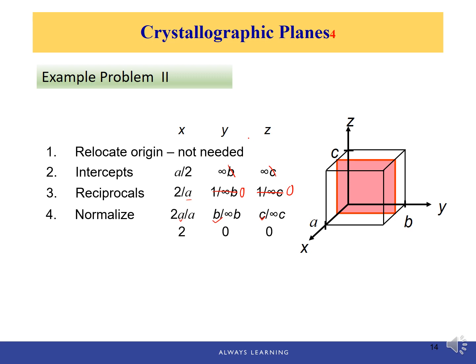Step 5, we're going to remove the fractions if we have any. If not, then we just leave it. And again, do not reduce to smallest integers for planes. And we have the Miller indices for this given crystallographic plane, which is the 2, 0, 0 plane.